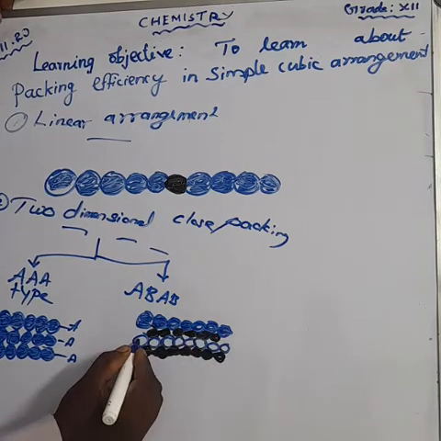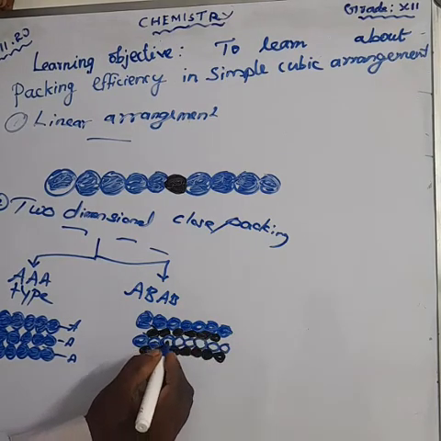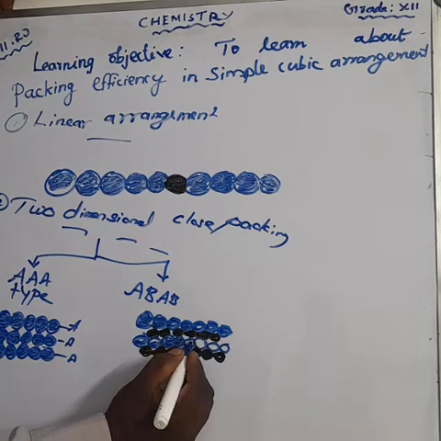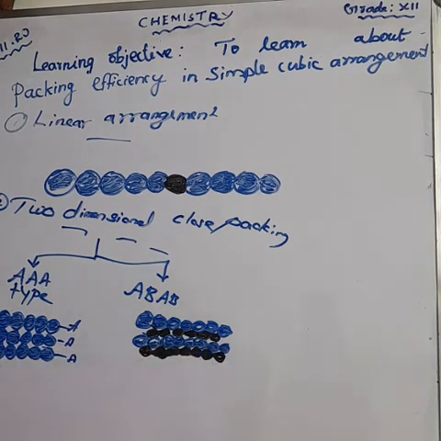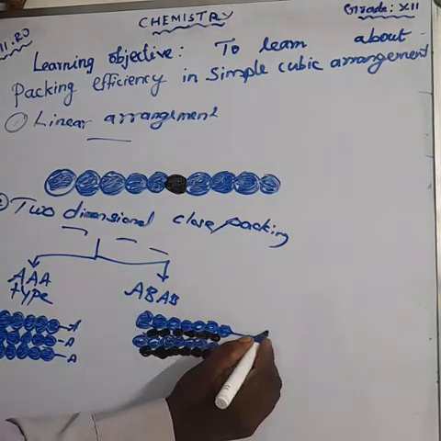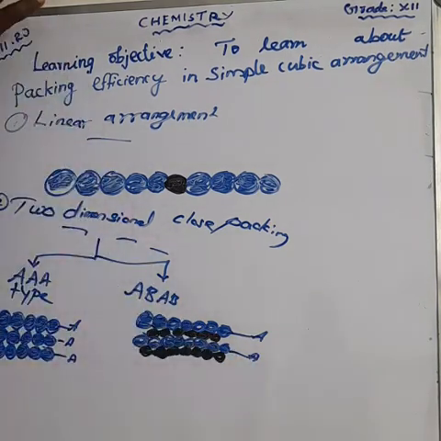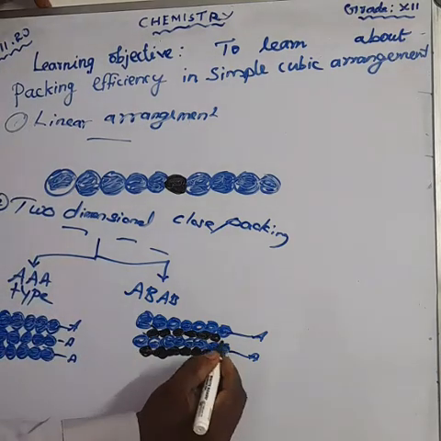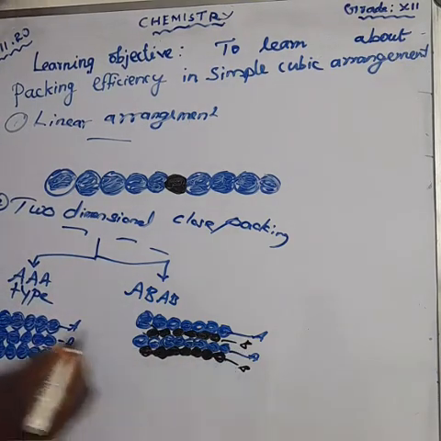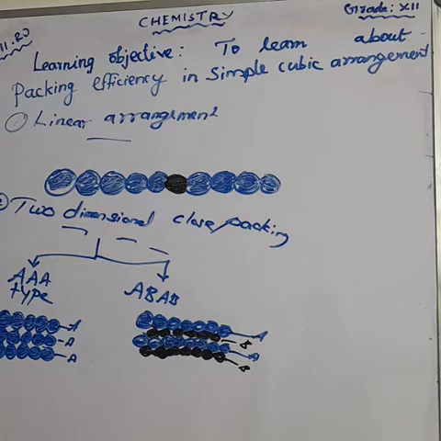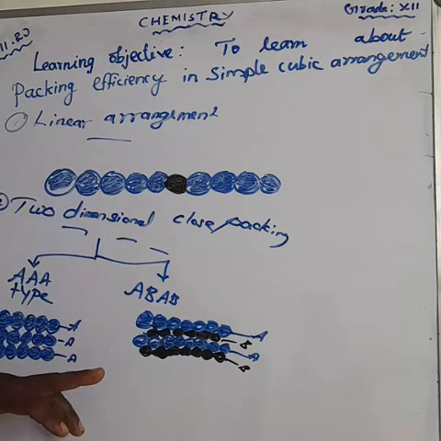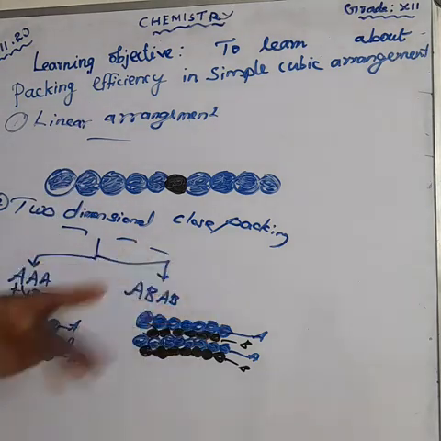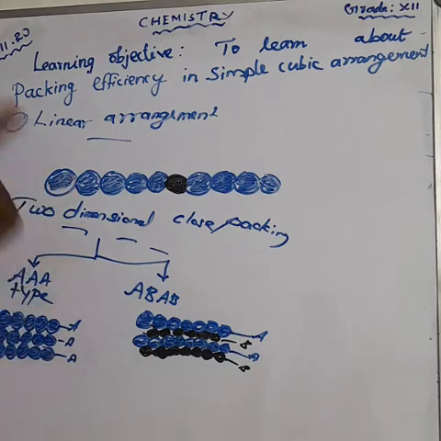Our aim is to learn about the packing efficiency in simple cubic arrangement. This is about the A. Next is about B. This is about the B, the AB type. Here, in the first row is the linear arrangement; the second row of spheres is arranged in such a way as to fit the depression of the first row.